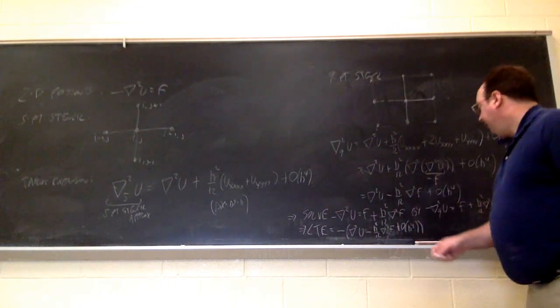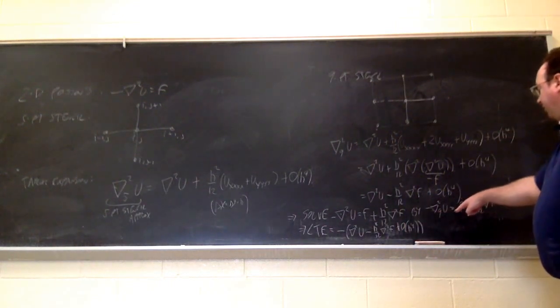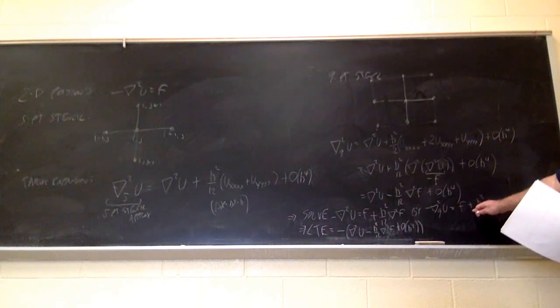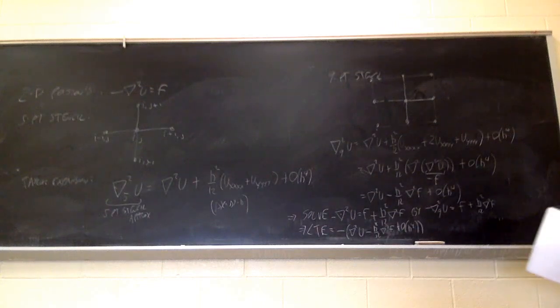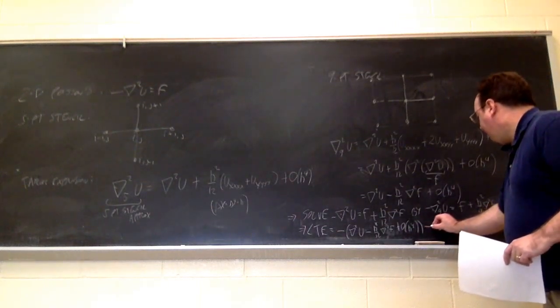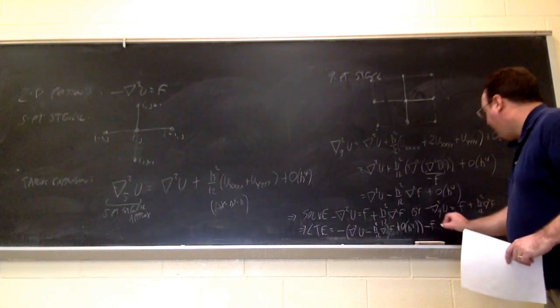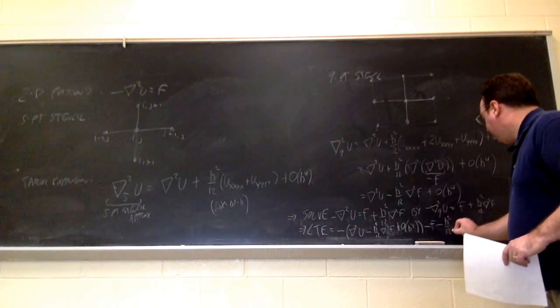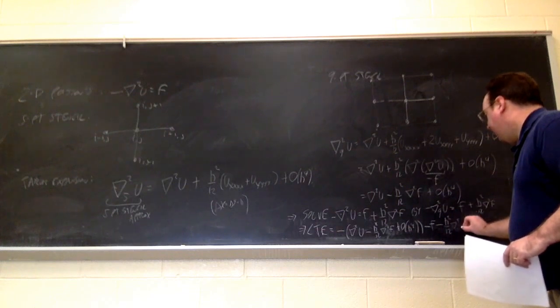Okay, so all that, and then I subtract this, because for local truncation error, I take my right-hand side and move it to the other side. So I get minus f minus h squared over 12 Laplacian squared of f.